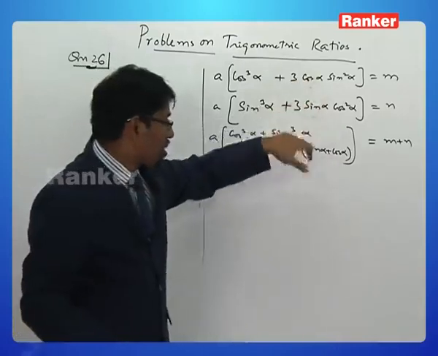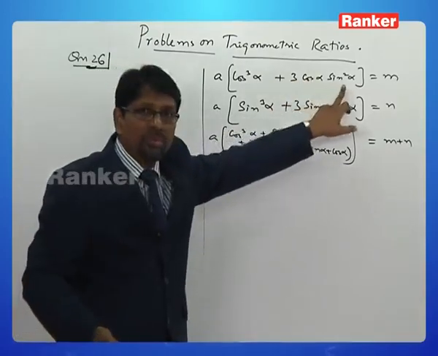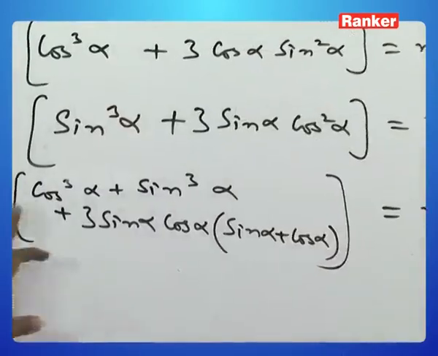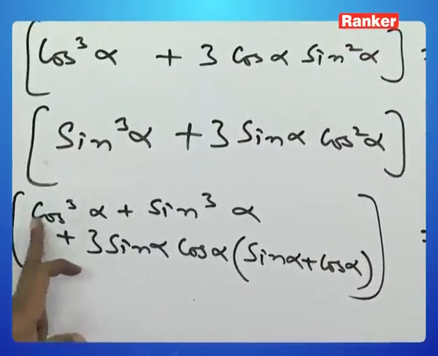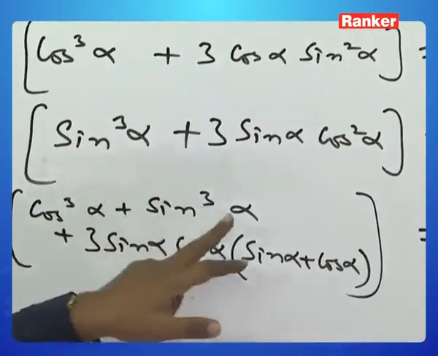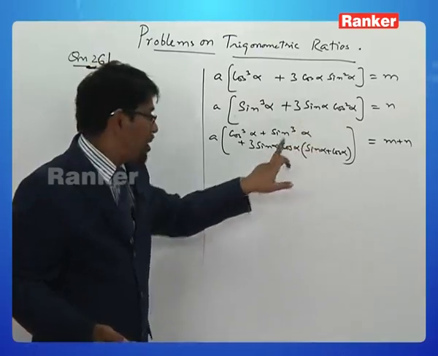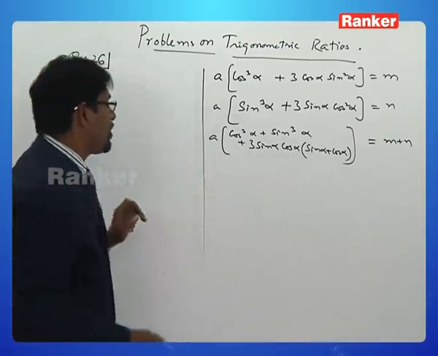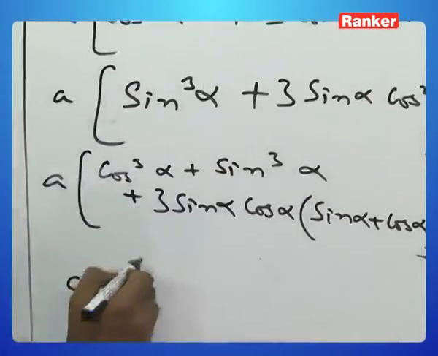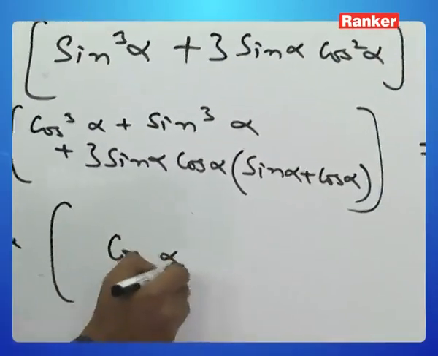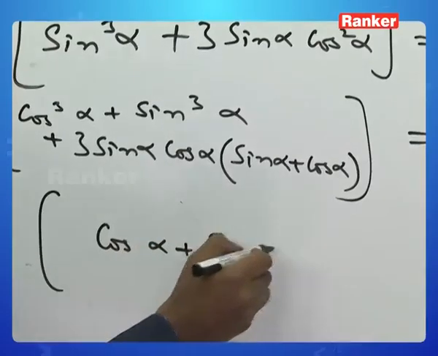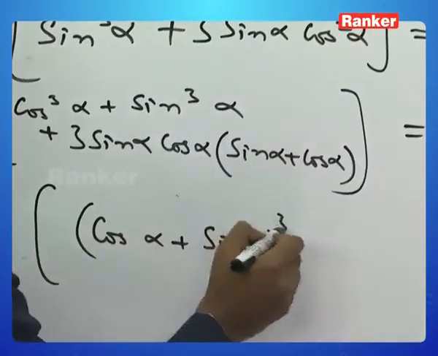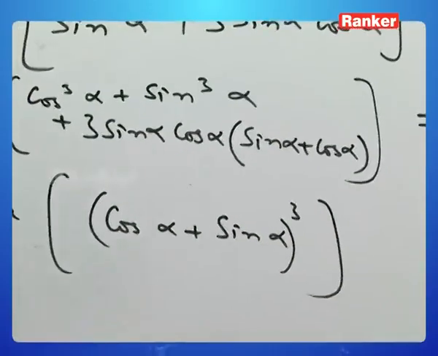Clubbing these two, taking sin alpha cos alpha common from these two terms, we have this. Now if we see clearly, it's in the form of x plus y whole cube: x cube plus y cube plus 3xy into x plus y. Clearly it's in the form of x plus y whole cube. So this is a into cos alpha plus sin alpha whole cube, and that's equal to m plus n.